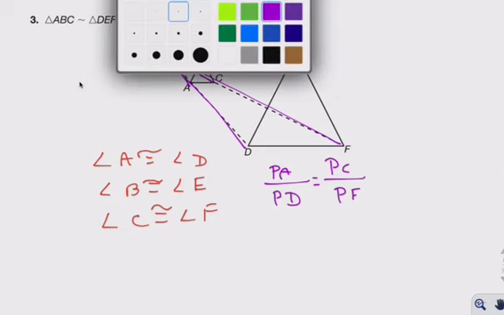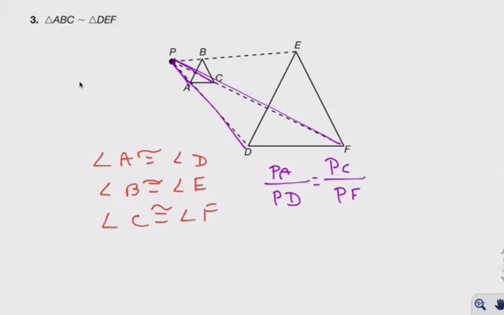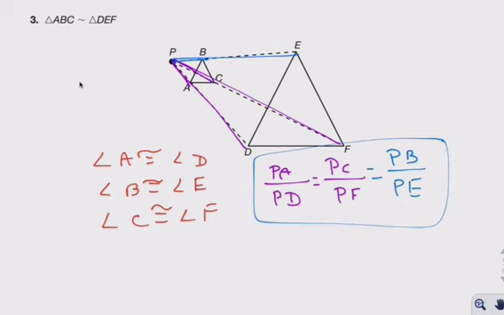And that is equal to the ratio of PB over PE. That's your answer.